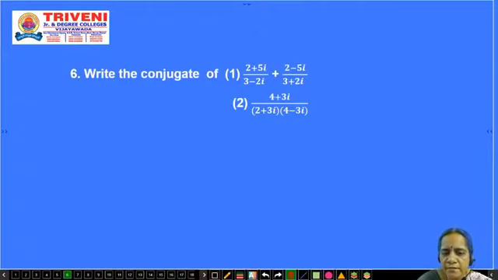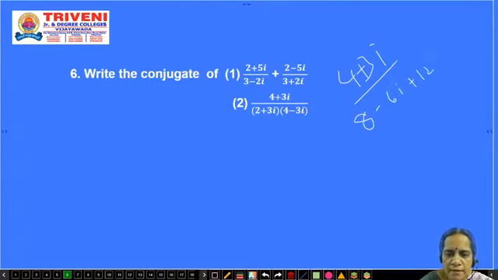Similarly, the second problem: in the denominator part we have 4 plus 3i. In the denominator the multiplication is 2 into 4 is 8, minus 6i, plus 12i, minus 9i square.